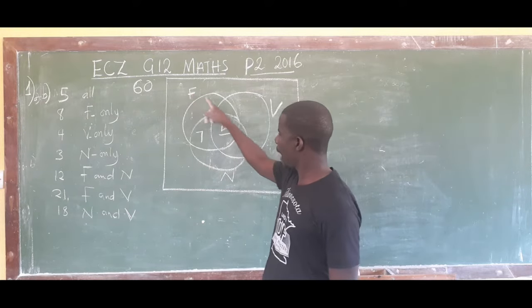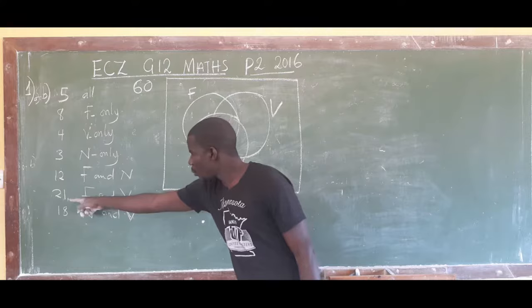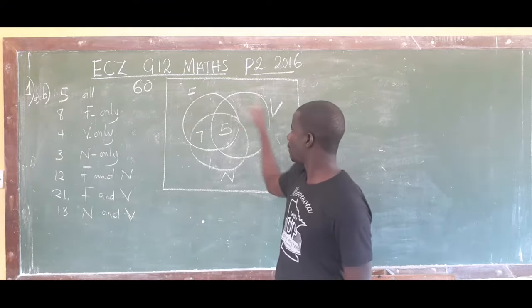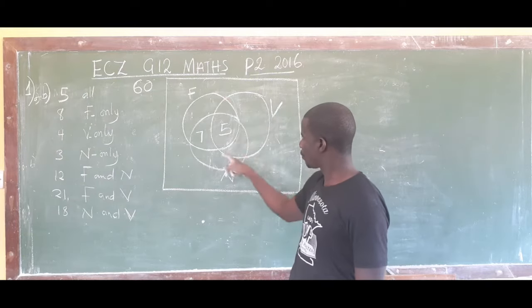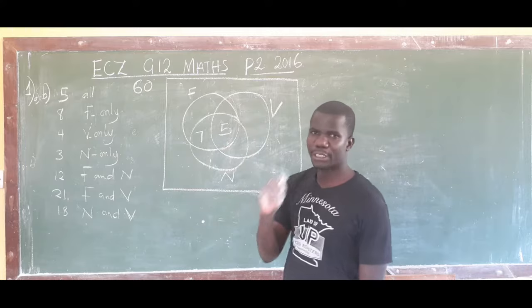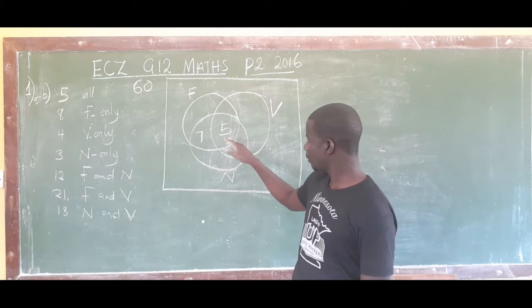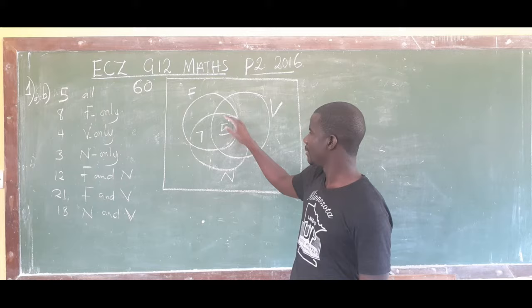Then football and volleyball is 21. The intersection of football and volleyball should have 21. From 21, we already have 5.